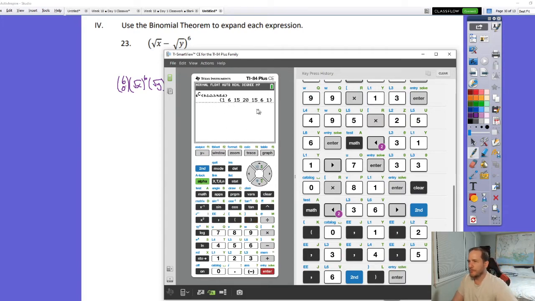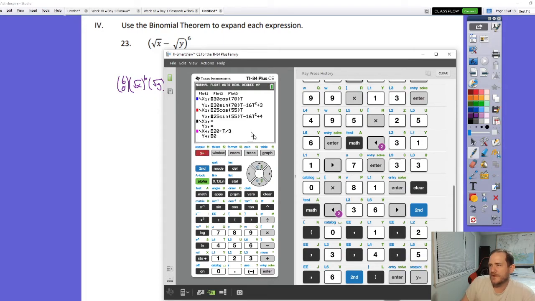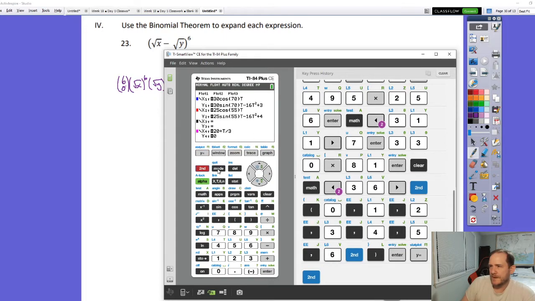I can see the whole row of Pascal's triangle. It's going to be 1, 6, 15, 20, and so on. So this is a good way to get multiples of these all at once if you want to. I wonder if you could probably just put it in here and make a table too if you wanted to. But this is a fast way. Using those braces you can get multiples. So 1, 6, 15, 20, just remember that.